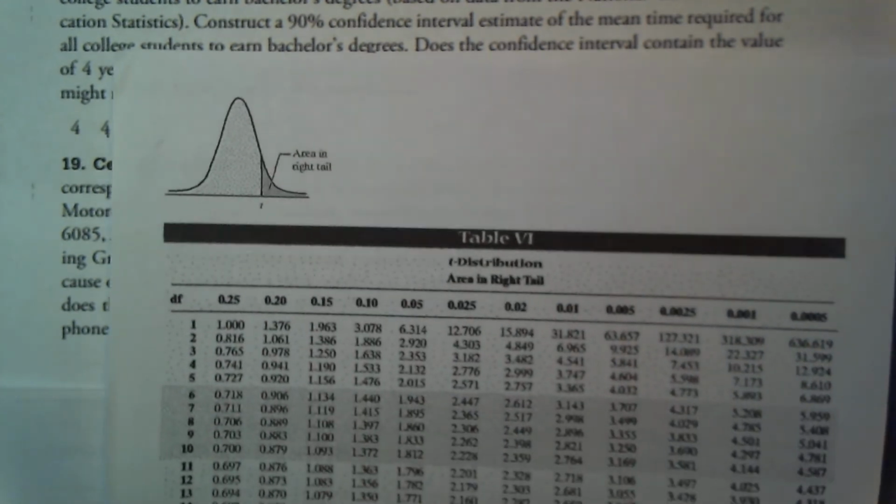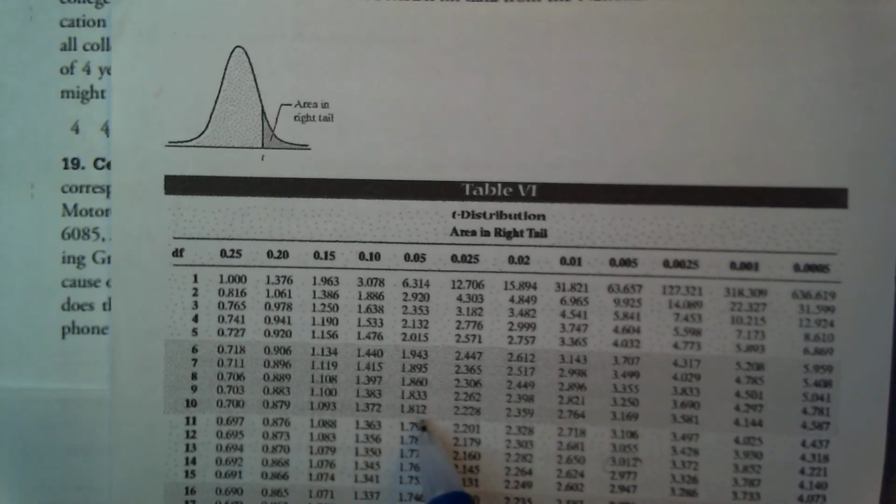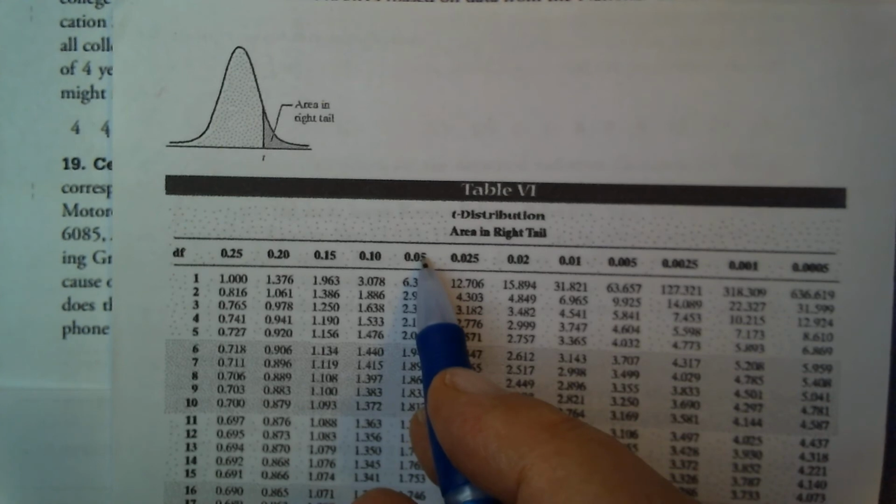Let me move it up for you. 1.812. 1.812 for degrees of freedom of 10 and for 0.05.